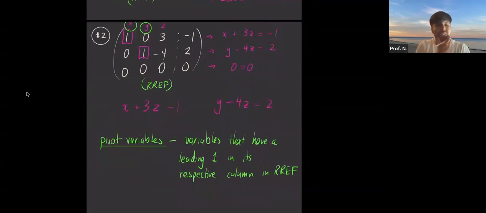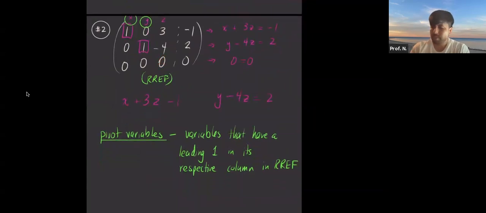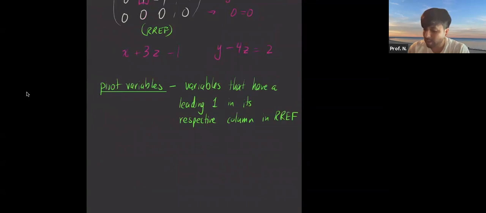And what do you call the variables that don't have a 1 in them? For example, Z. Z doesn't have a leading 1. The leading 1 should be here, but it's not there. It's 0. Those are called free variables. They're free.